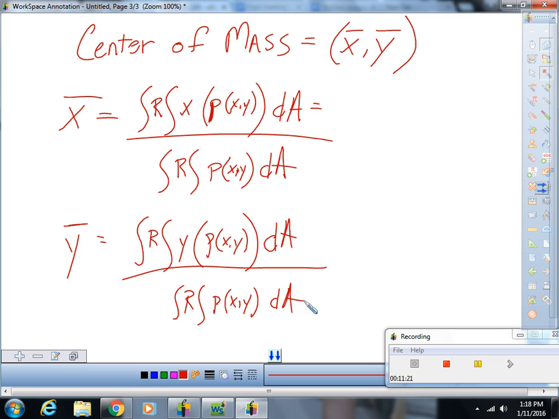So to find the center of mass, we've got to do all of this, and now maybe you're starting to understand why we're going to use our calculator to do so much integration, or else we're not going to get much done.